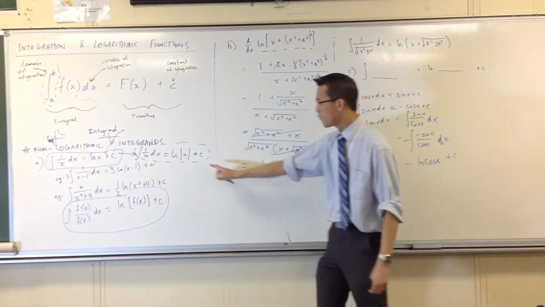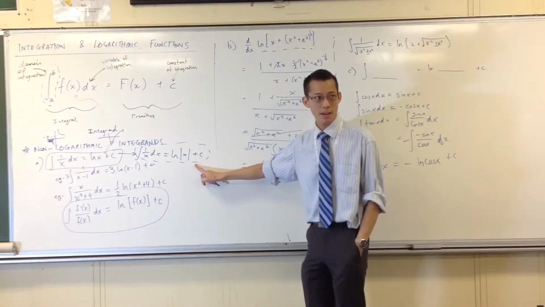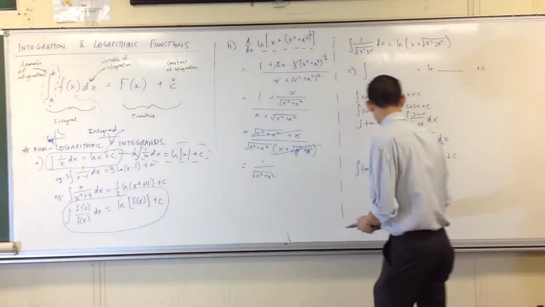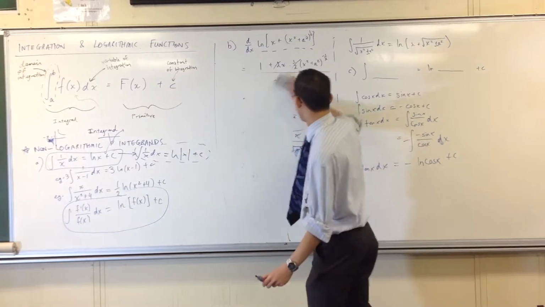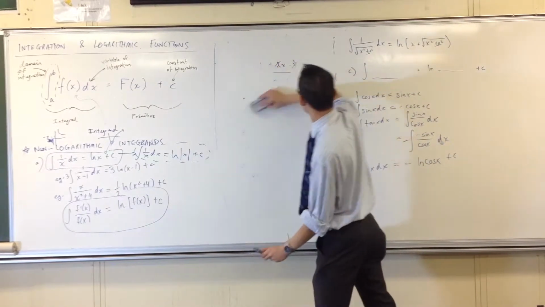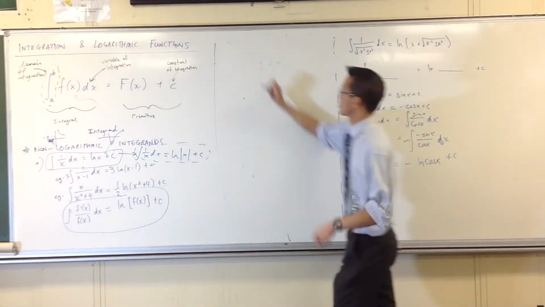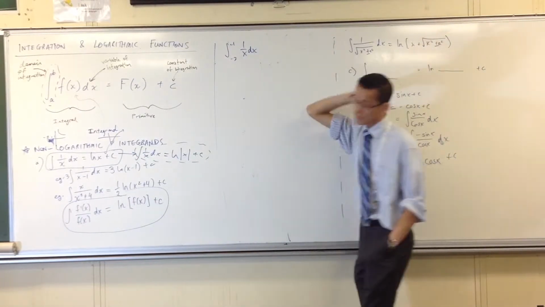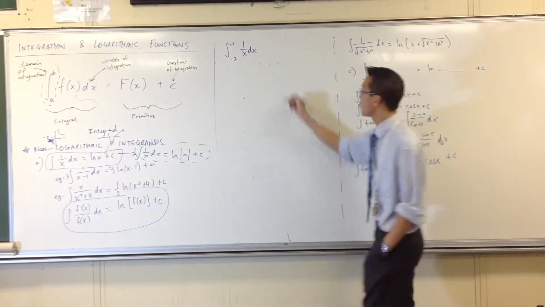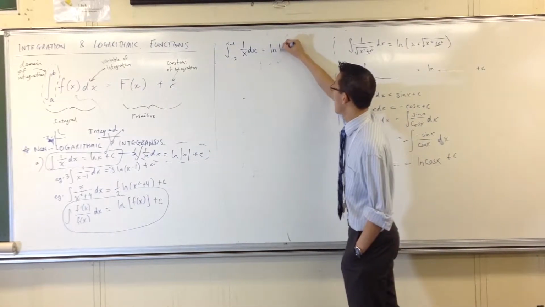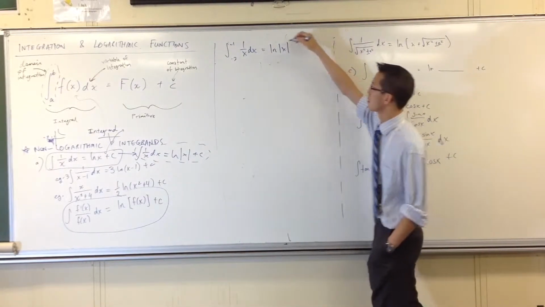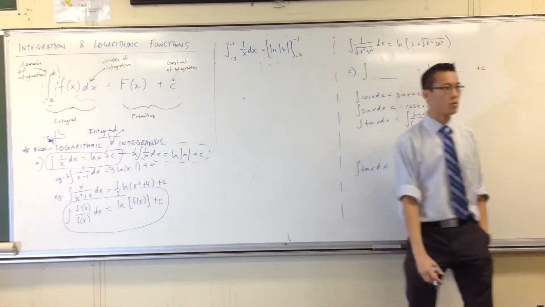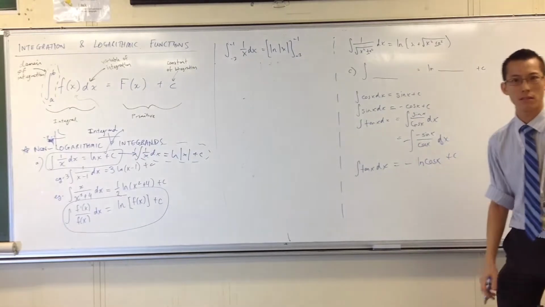So therefore, look at this guy. Think about it. Suppose I wanted to integrate 1 over x. What boundaries did I just give you? -2, -1. Now what would happen if I just blindly chucked in log of absolute value x from -2 to -1? Is it going to work out?